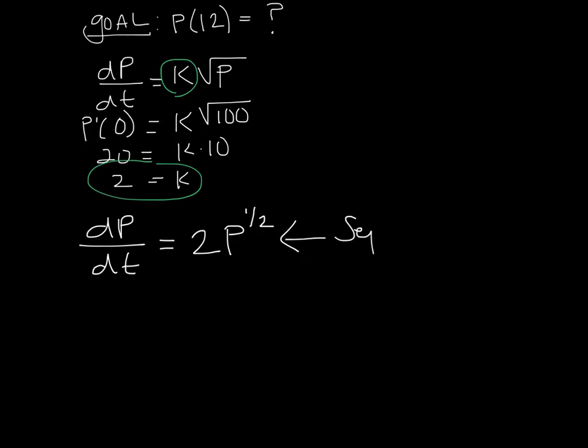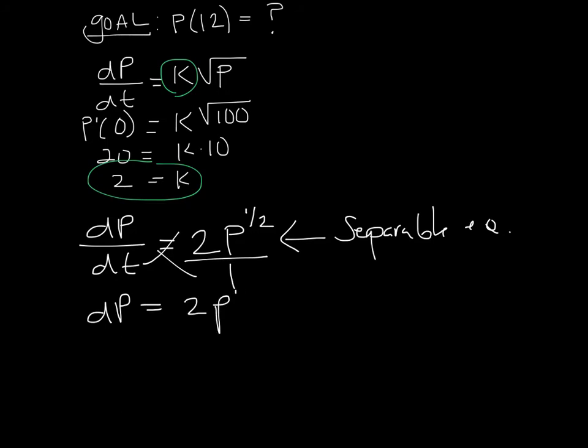This is a separable equation, and I'm going to cross multiply. So dP equals 2P to the 1/2 dt, and I can divide by 2P to the 1/2, equals dt.